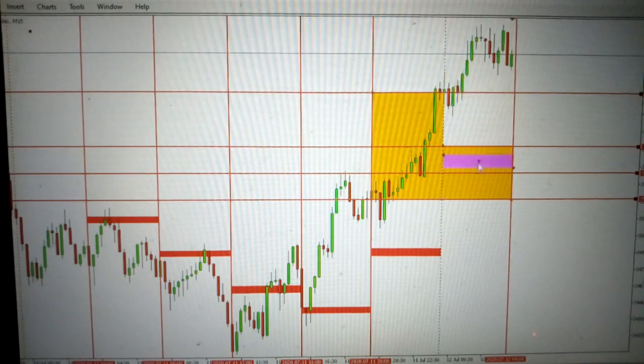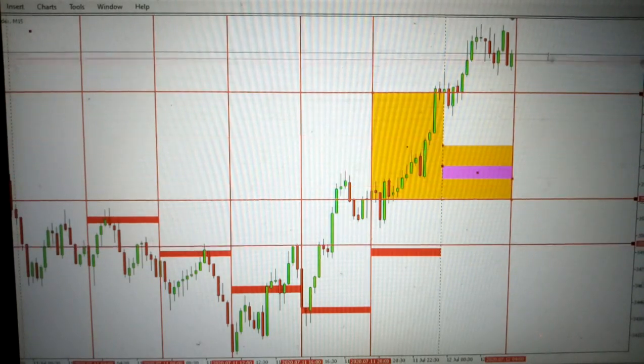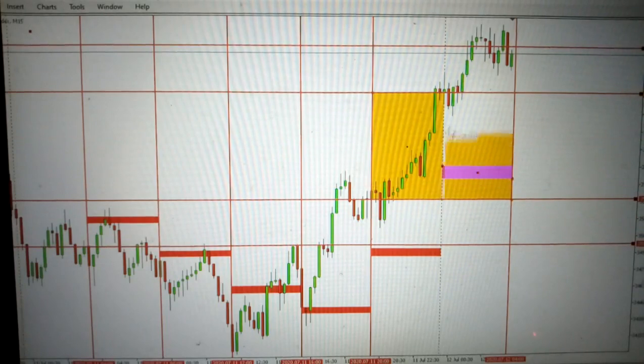So I expect my support to be around here, just in case price drops. Price should find support around there.